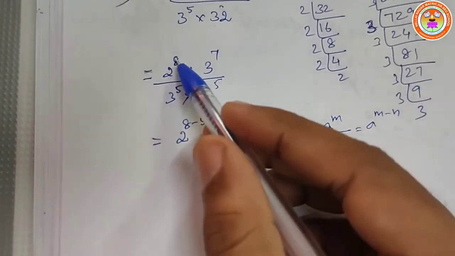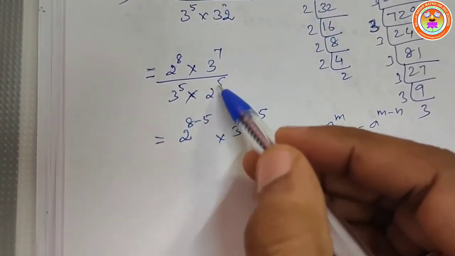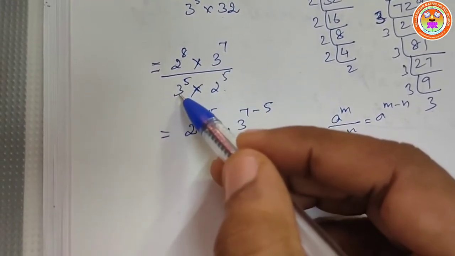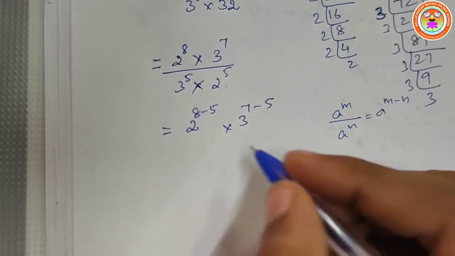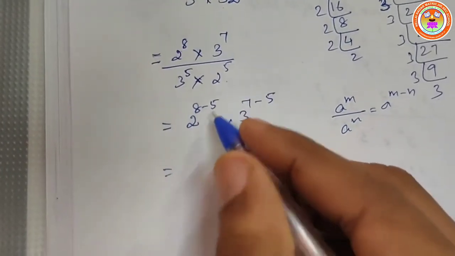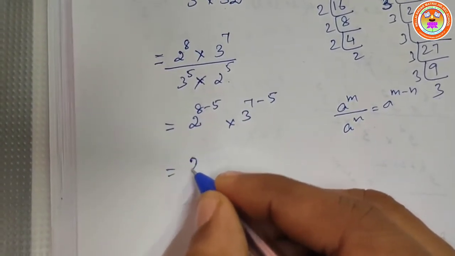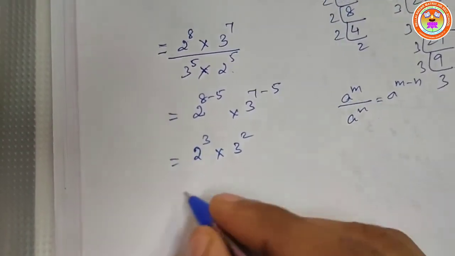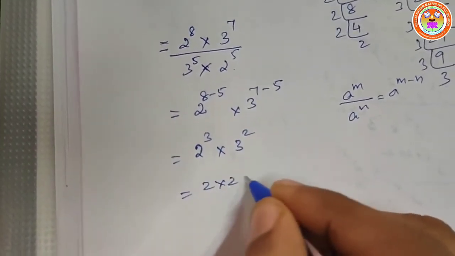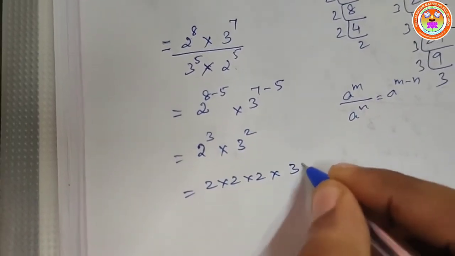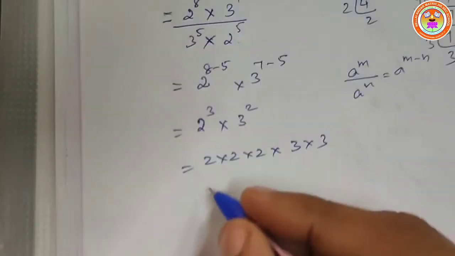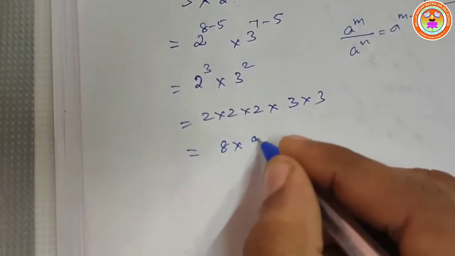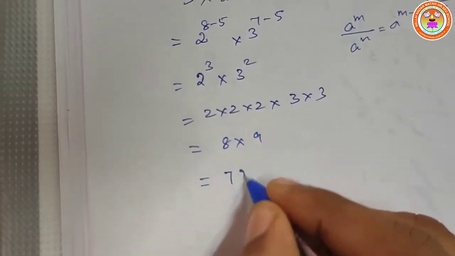Here 2 power 8, the denominator has 5, so subtract it with 5. 3 power 7, here also the denominator has 3 power 5, so you can subtract it. So 8 minus 5 is 2 power 3 into 7 minus 5 is 2, 3 power 2, which is equal to 2 into 2 into 2 into 3 into 3. 2 2s are 4, 4 2s are 8, into 9. 8 9s are 72 is the answer.